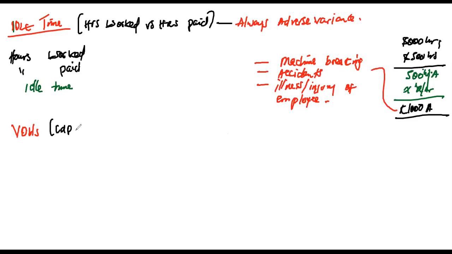Expenditure, we're talking about cash. And then there's also efficiency. So there's expenditure and efficiency. Yeah, so it has two variances. Efficiency, as usual, is in hours.